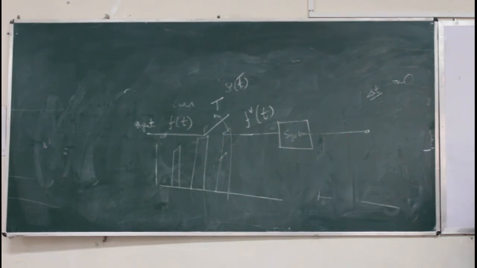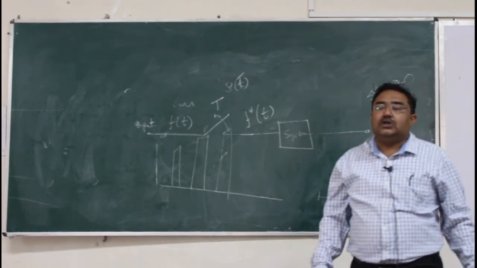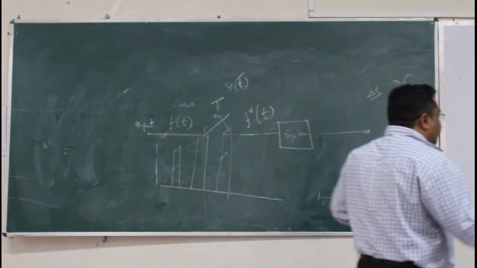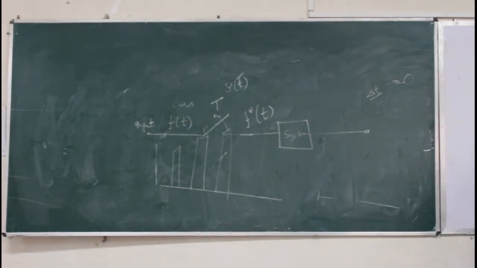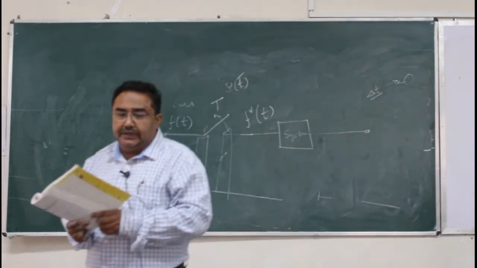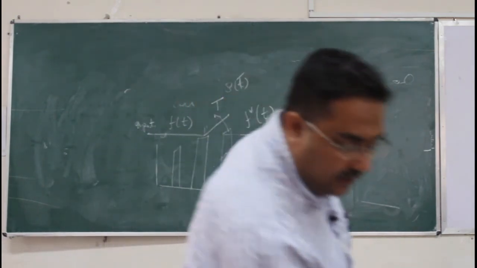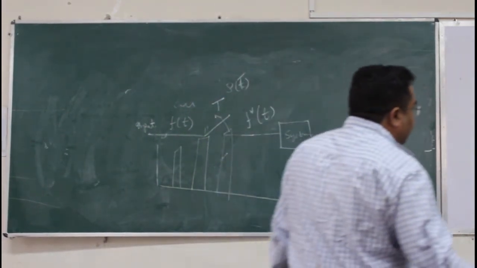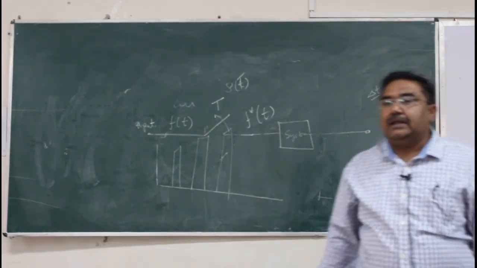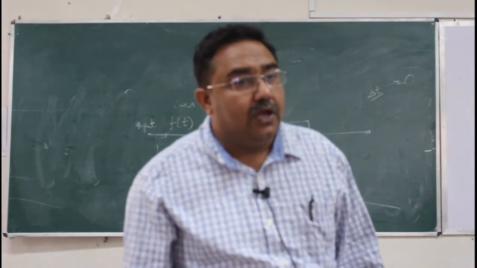So you should keep in mind how an impulse is represented, because this will be useful in our mathematical derivation. Is it clear? Now comes the sampling process. I am drawing 3 diagrams in order to derive the mathematical form of a sampling process, so that you can handle the mathematical problems related to the sampling process.